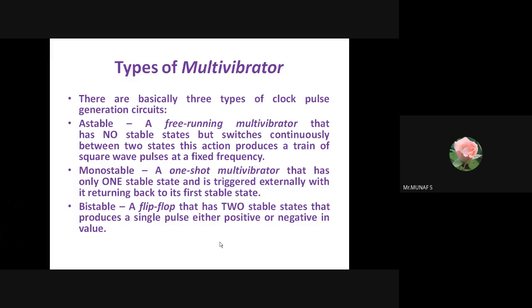Monostable multivibrator is a one-shot multivibrator that has only one stable state and is triggered externally, then returns back to its first state. Bistable multivibrator is nothing but a flip-flop. It requires two external trigger pulses to change its state from low to high and high to low.